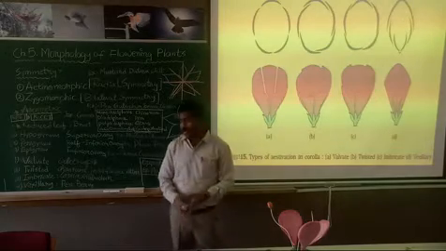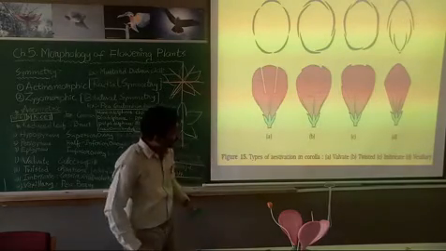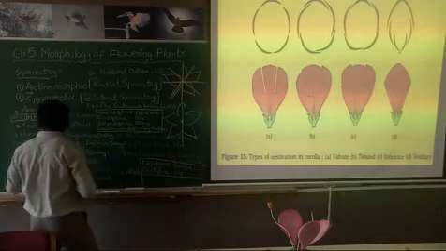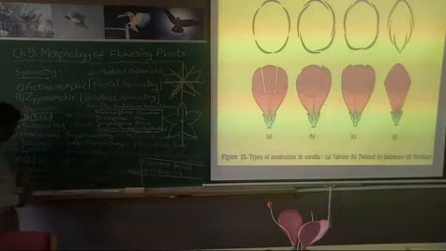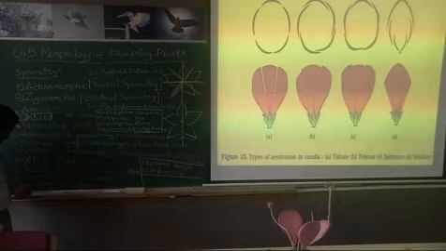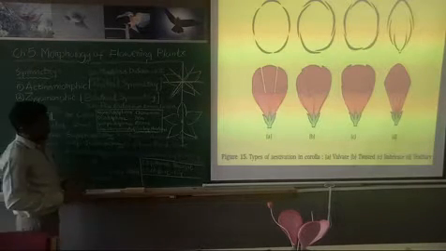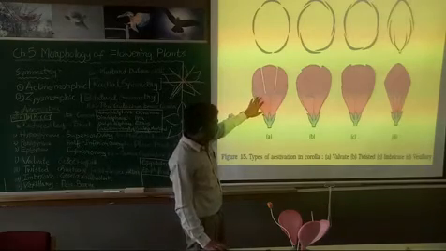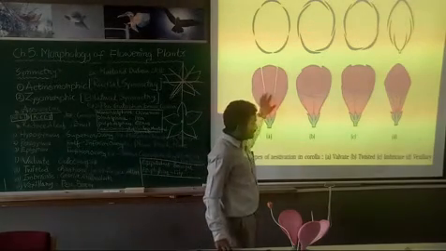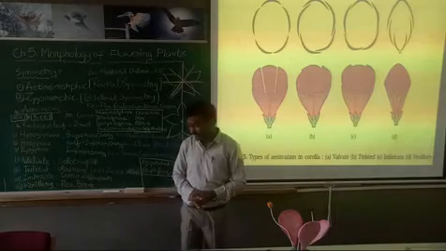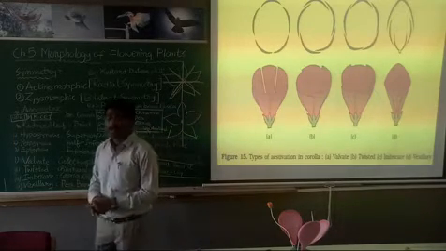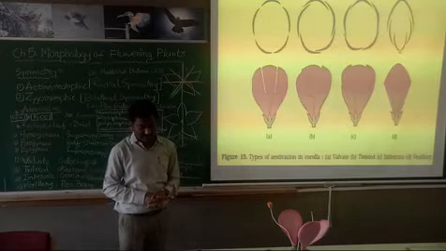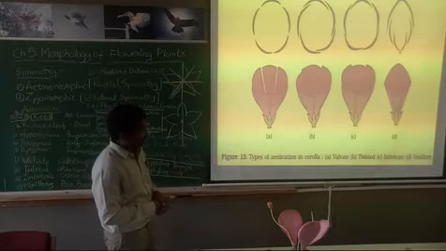So here you can see there are four kinds of estivations. One is valvate, second is twisted, third is imbricate, and fourth is vexillary. Students, on the screen you can see the diagram of valvate estivation. As I told you, the mode of arrangement of sepals or petals is known as estivation.